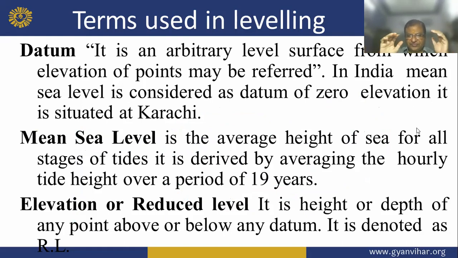So this is the mean sea level, the average height of the sea for all stages of tide. It is derived by averaging the hourly tide height over a period of 19 years.